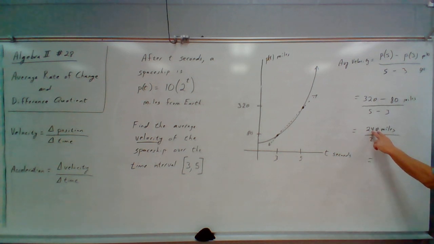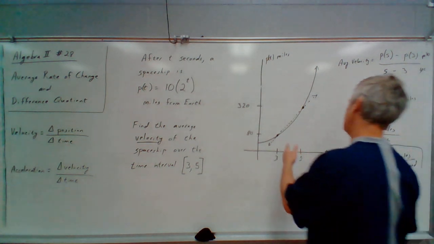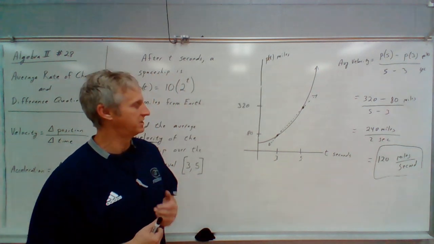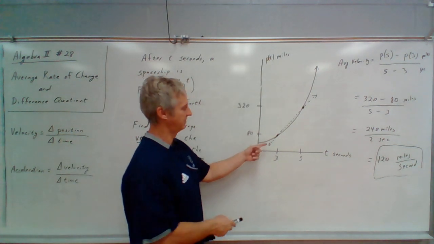All right, and then reduce that. 240 divided by 2 is 120, and my units are miles per second, which is exactly what they should be for a velocity. So my average velocity over that time interval was 120 miles per second. Now keep in mind, the spaceship wasn't always going 120 miles per second.